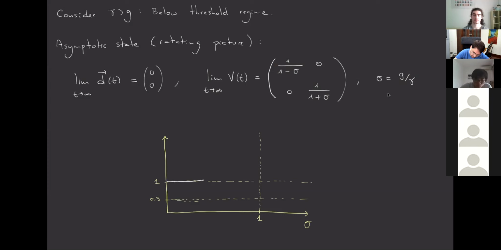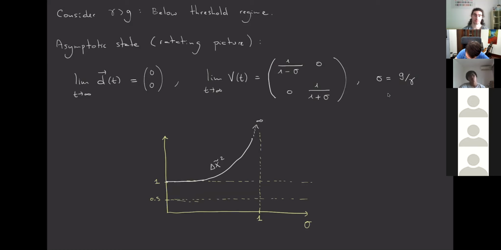So if you calculate the variance of the position quadrature, this goes up to infinity. It goes like this. It starts at 1, and then as you increase the down conversion rate, the steady state has more and more fluctuations in the x quadrature. However, what's also interesting is that the one for the momentum looks like this.